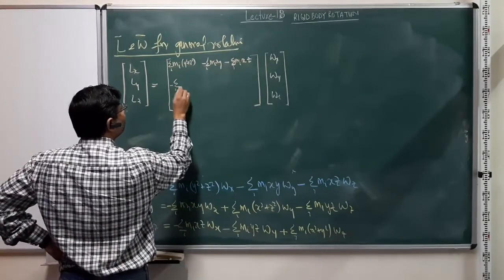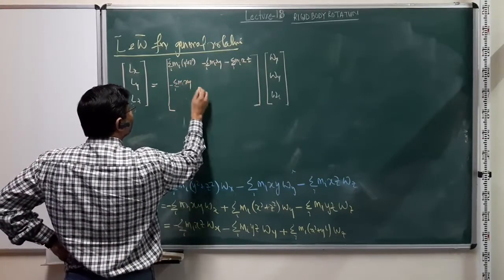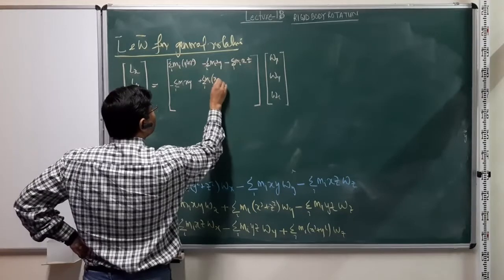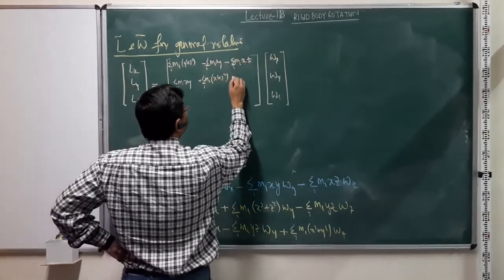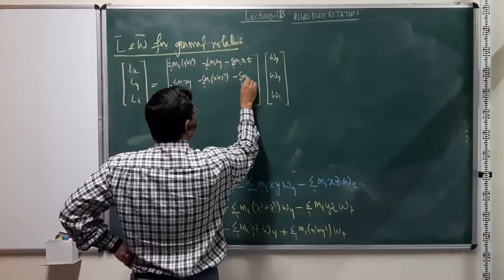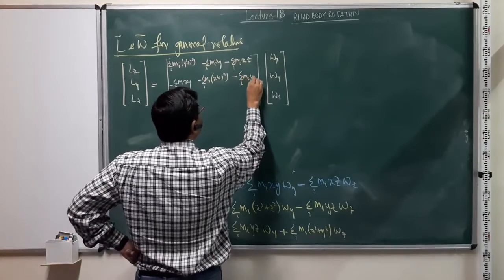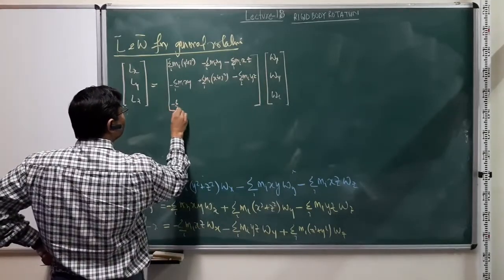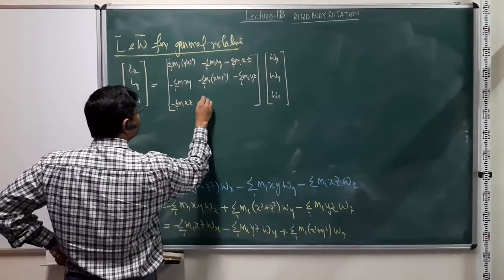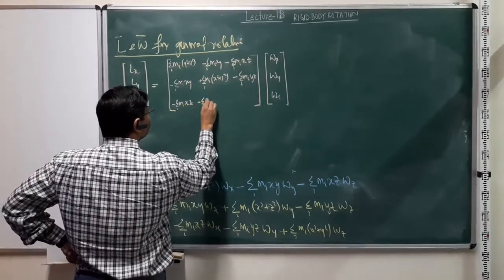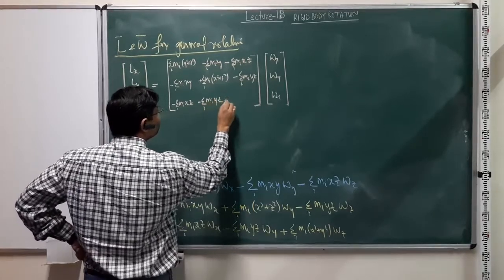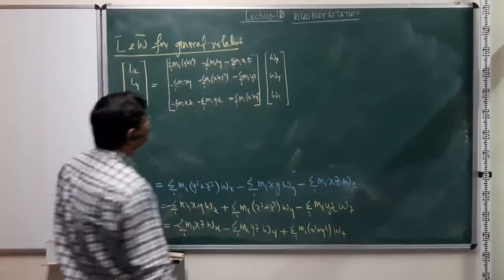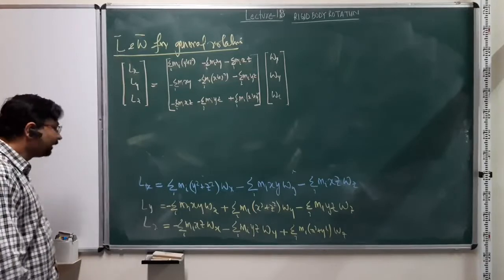Similarly, minus sum over i of m_i x y, plus sum over i of m_i (x squared plus z squared), and then minus sum over i of m_i y z. Here, minus sum over i of m_i x z, minus sum over i of m_i y z, plus sum over i of m_i (x squared plus y squared).